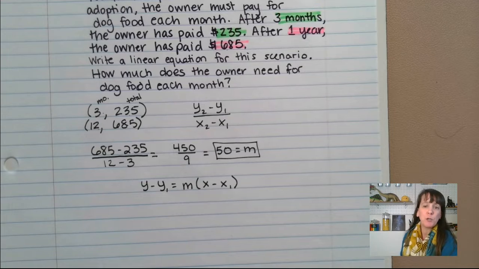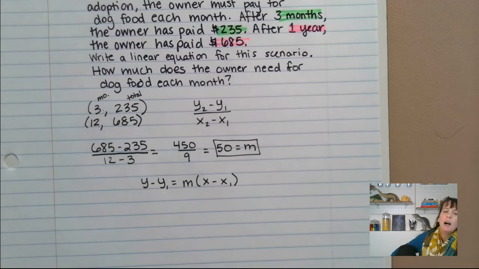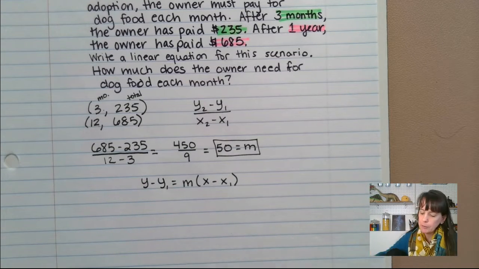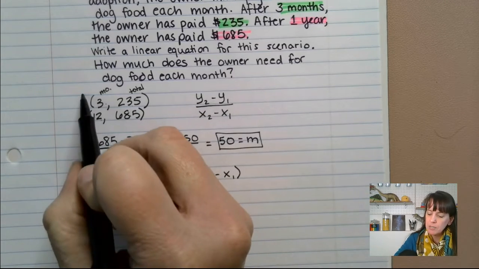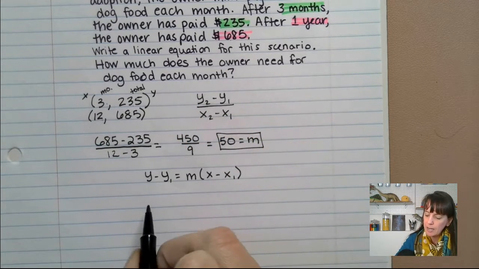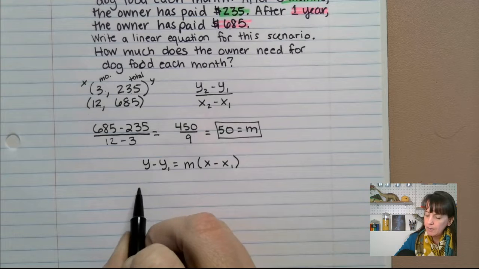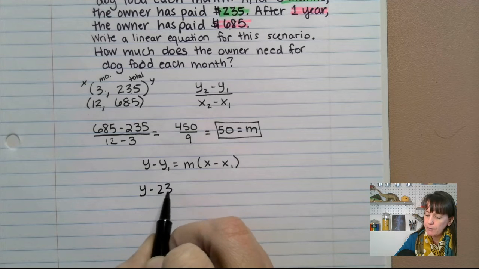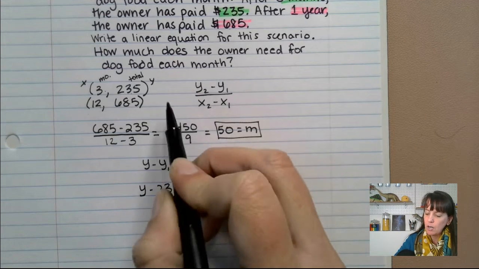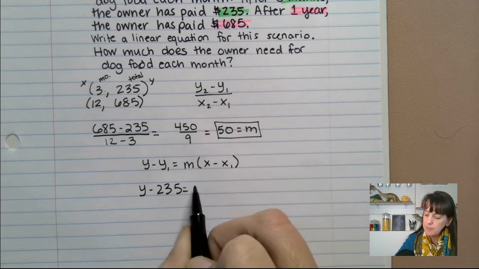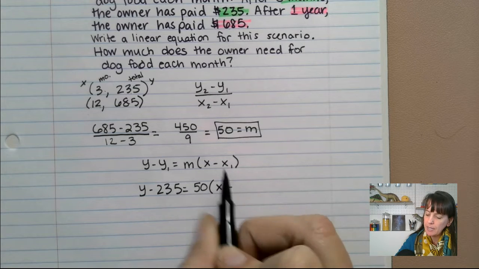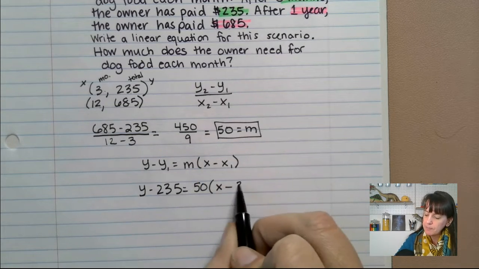All right, when you use your point slope form, you can use either point. I just grabbed the first one because that's pretty typical. Remember, this is your x, this is your y. So we're going to say, okay, y minus 235 equals our m, which is 50, times x minus 3.